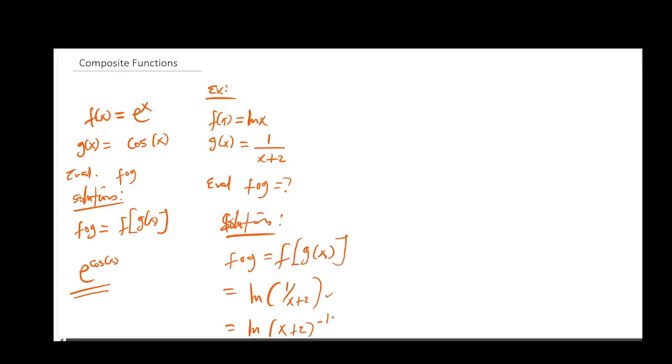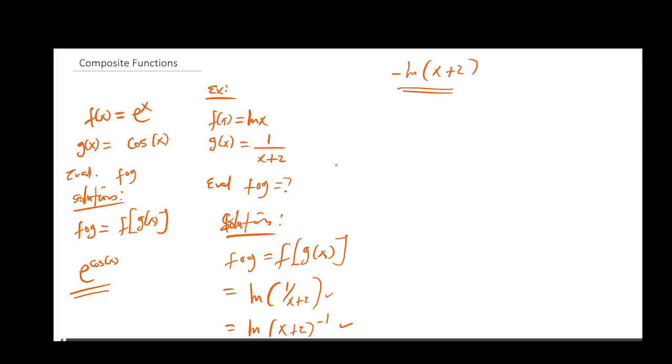This is the same as what we have here. And we can break it further from here. And this will give us equivalent to minus ln x plus 2, which is the final answer.